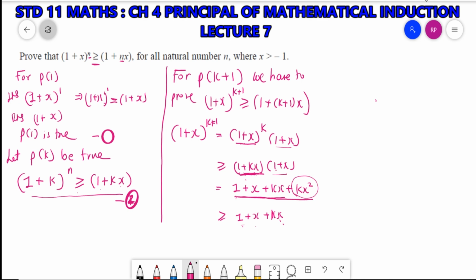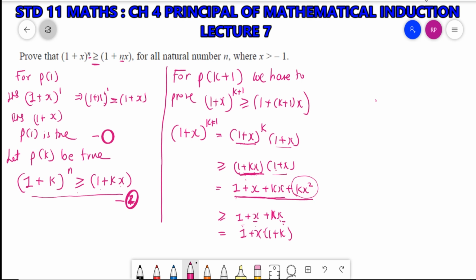So now this is equal to 1 plus, I can take x common in both, so k, 1 plus k. I will take x common, 1 plus k. Clear?